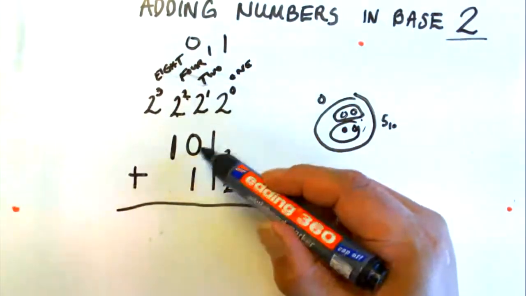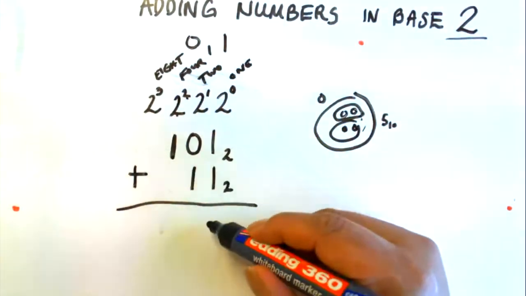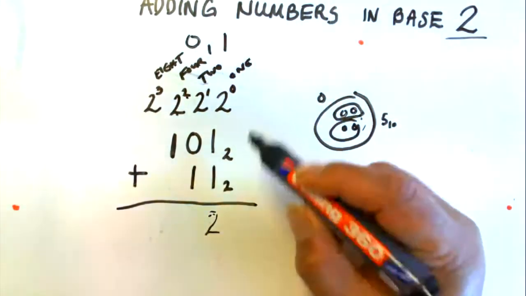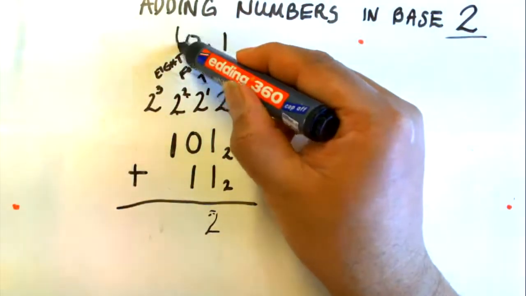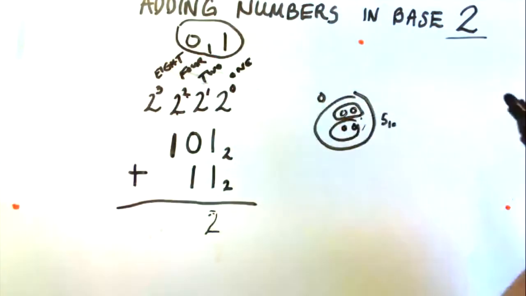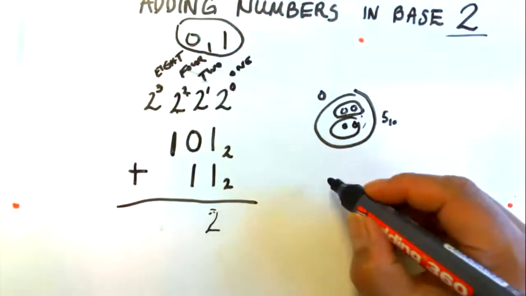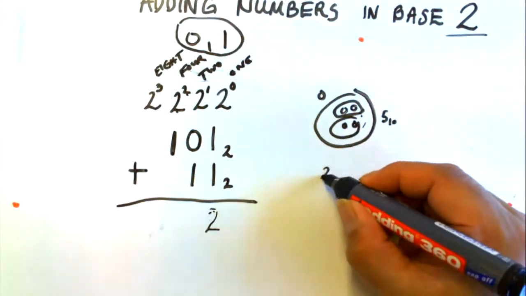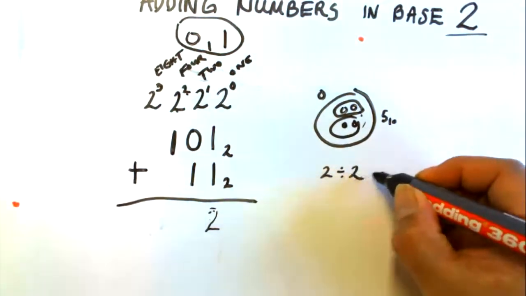And it will be 1 plus 1 is 2. Well, can we write 2? We can't. We're only allowed these numbers, 0 and 1. So the question is, how many 2's are there in 2?